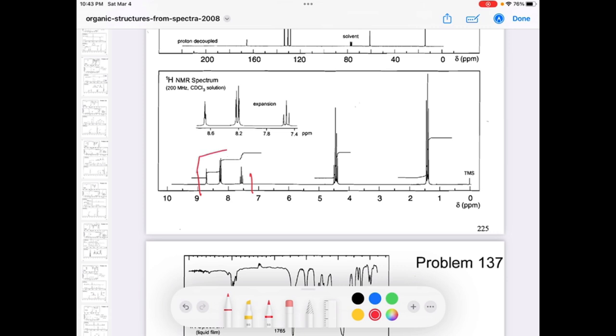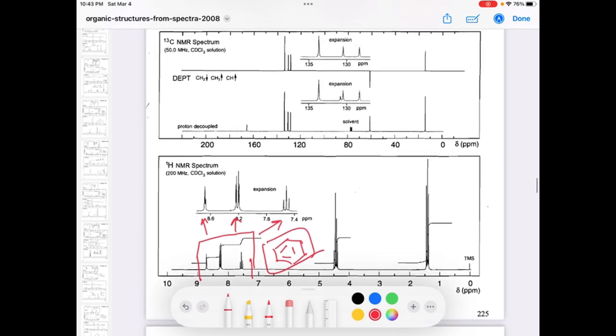So you have the peak here, so you must have the aromatic ring. I will discuss the substitution later because it is expanded, with a triplet, doublet, and singlet kind of thing. I will go a little bit deeper in this explanation, but first confirm that you have a benzene ring. So you have a benzene ring in this structure.